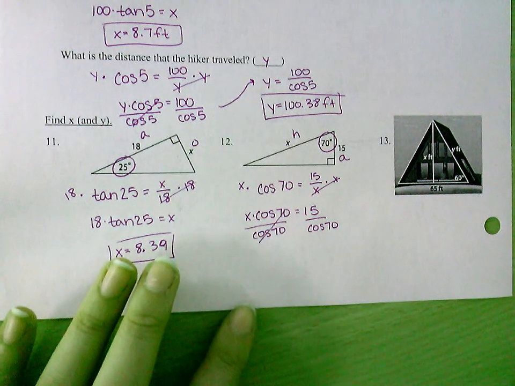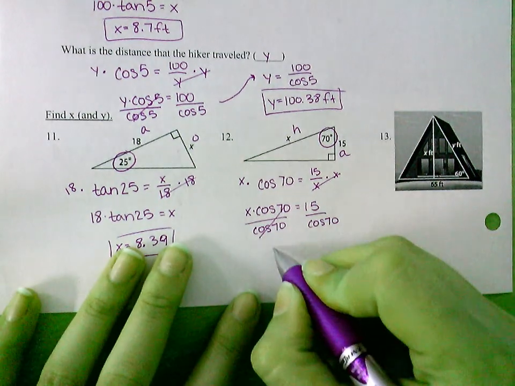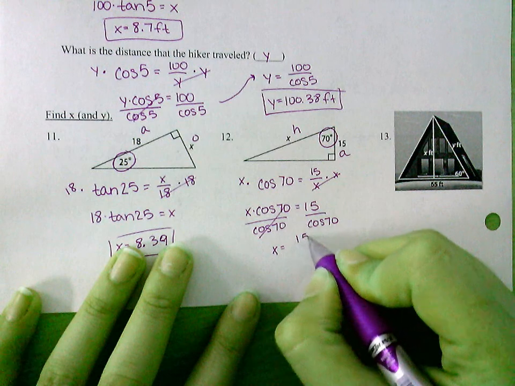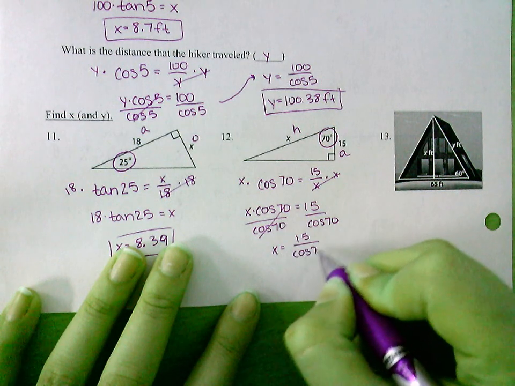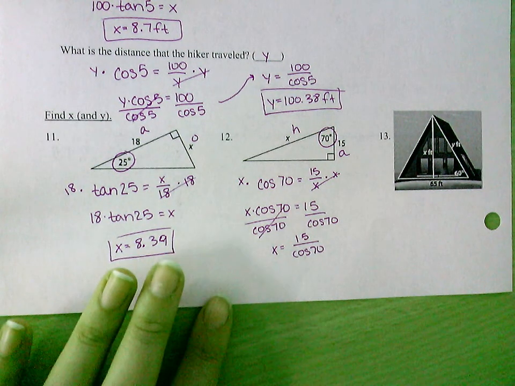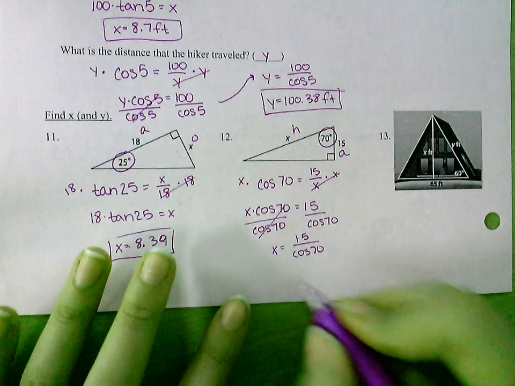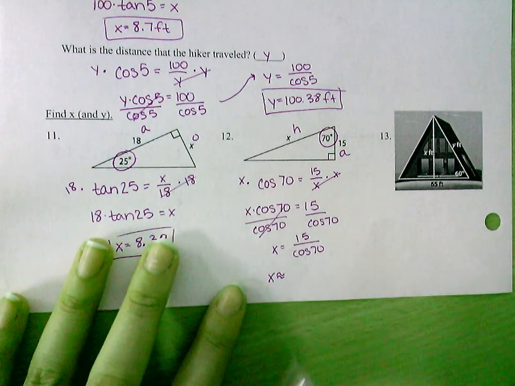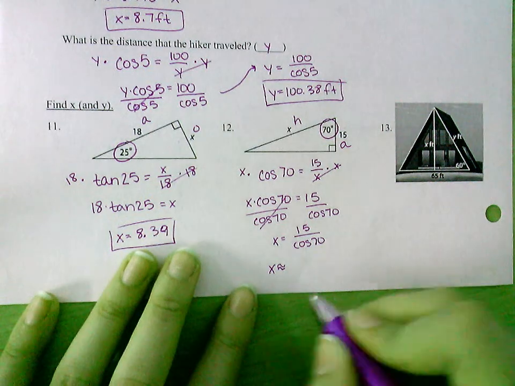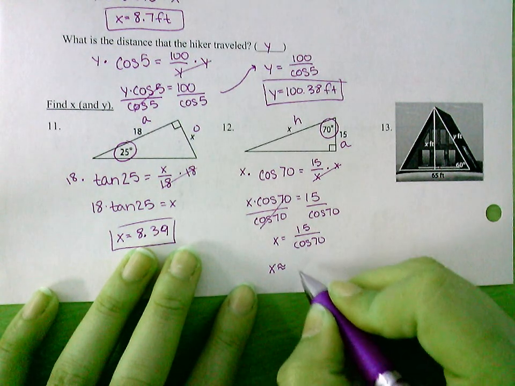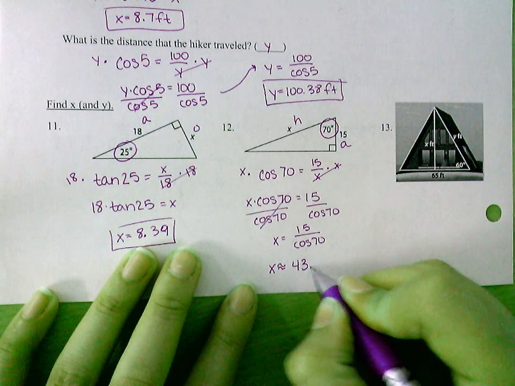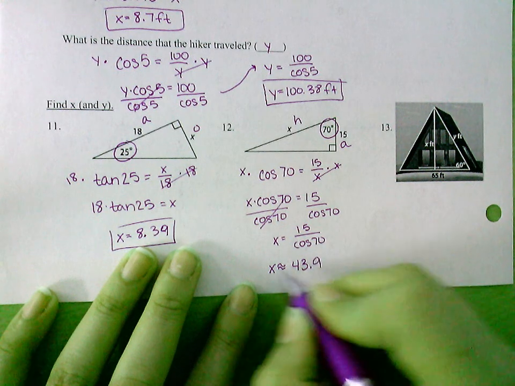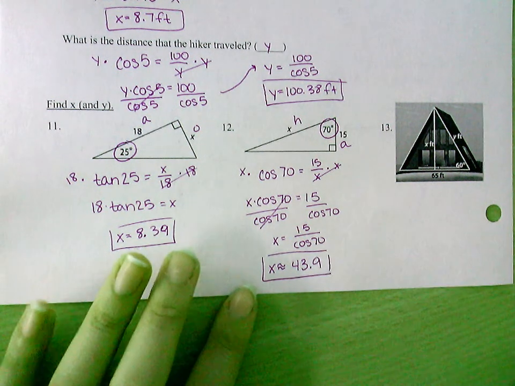They cancel on the left. So we end up with x is equal to 15 over the cosine of 70. And you can plug that into your calculator. Okay, and x will be about 43.9 or 44 is fine too.